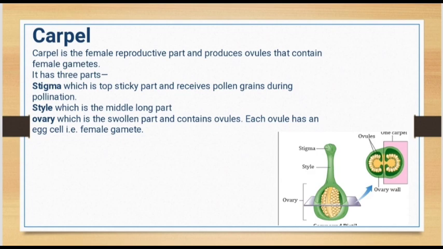It has three parts: stigma, which is the top sticky part and receives pollen grains during pollination; style, which is a middle long part; and ovary, which is a swollen part and contains ovules. Each ovule has an egg cell that is the female gamete.